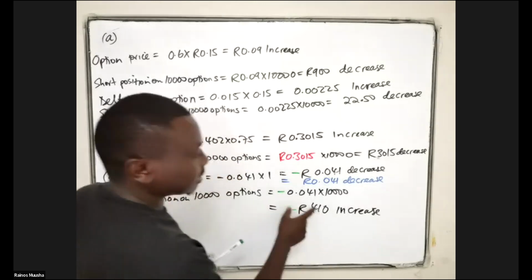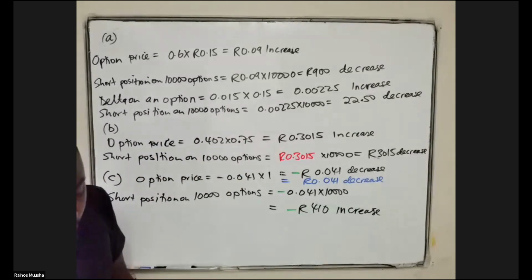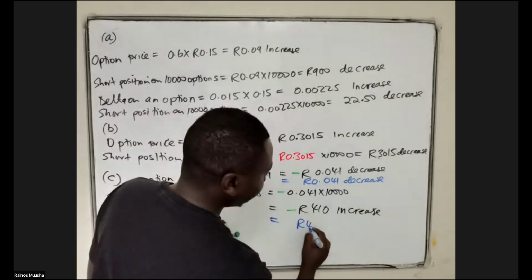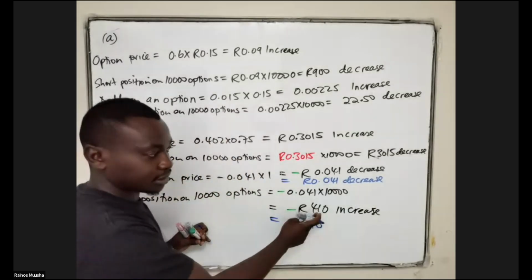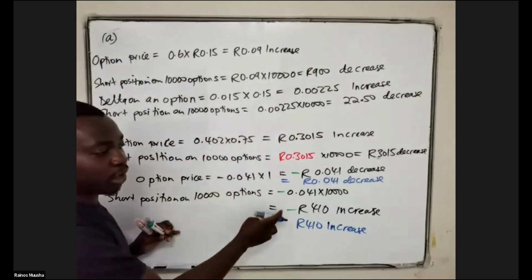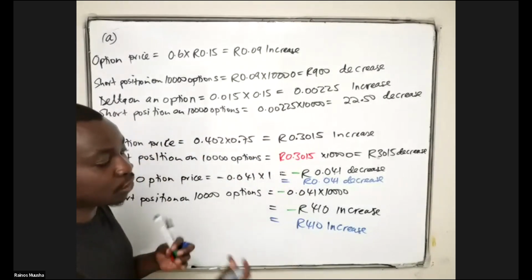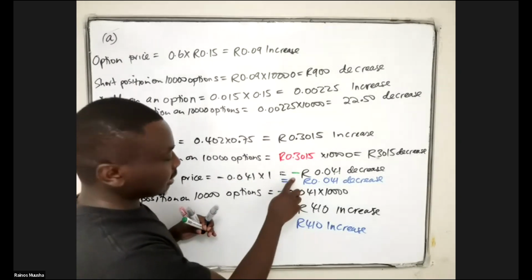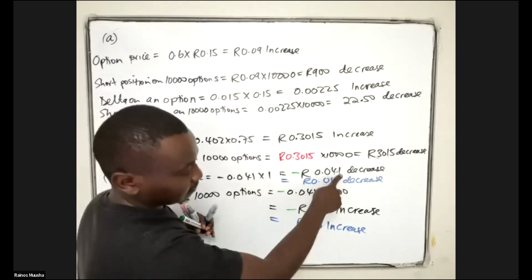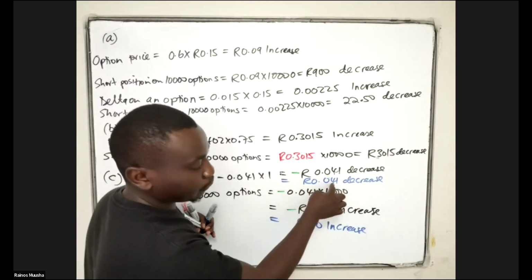But if you do it this way, you will need to go further and indicate that this 410, although it's negative, is actually an increase. So if you put the amounts as negative and you confirm the signs there, you will need to go further and indicate whether it's an increase or a decrease. In this case, if you say minus 0.041 times 1 and you get minus 0.041, right? Then you need to go further and say, therefore it's a decrease of 0.041.